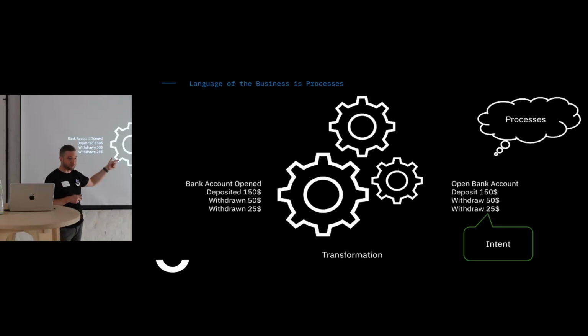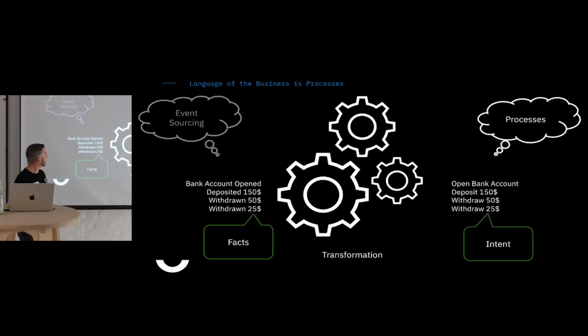When we deposit money, then money was deposited. When somebody wants to withdraw money, then money was withdrawn. So now we can translate it into facts that actually happened. And that's already the idea of event sourcing. So we don't update the current state. Instead, we save facts that happened.